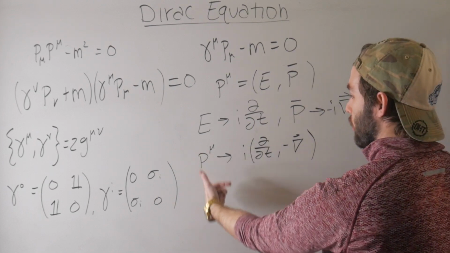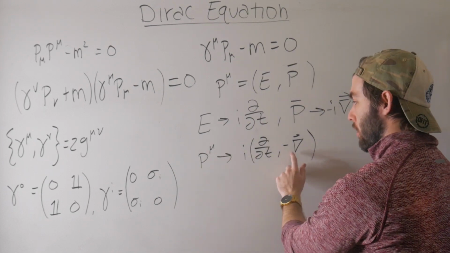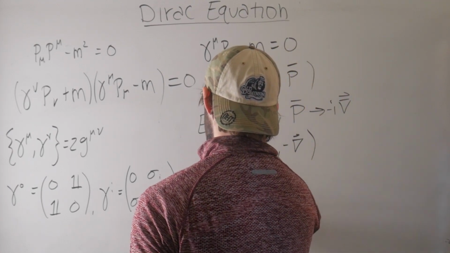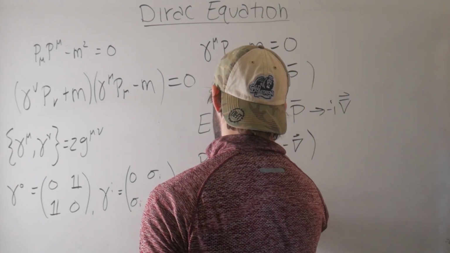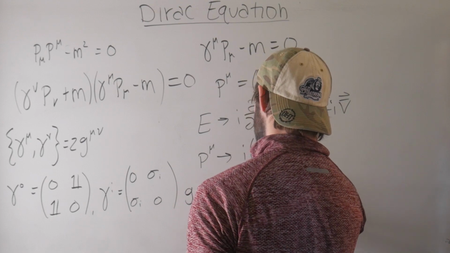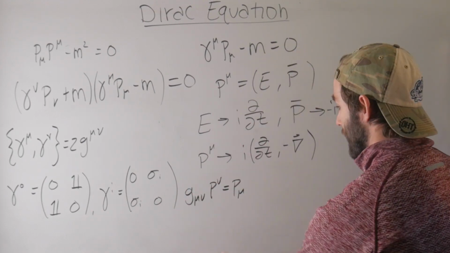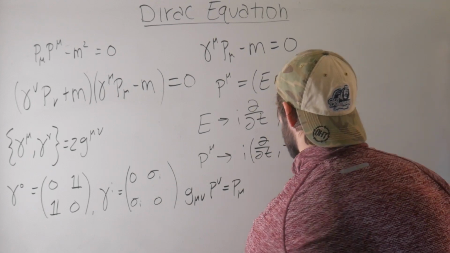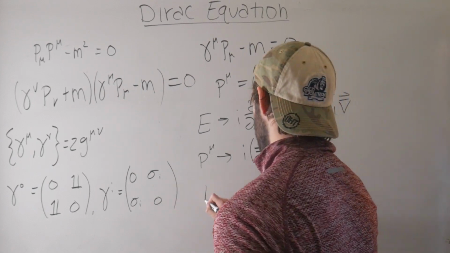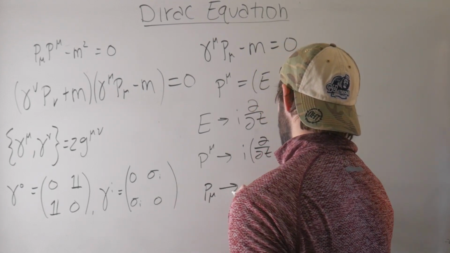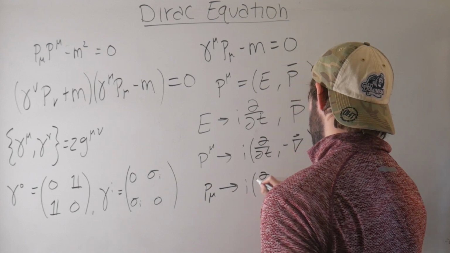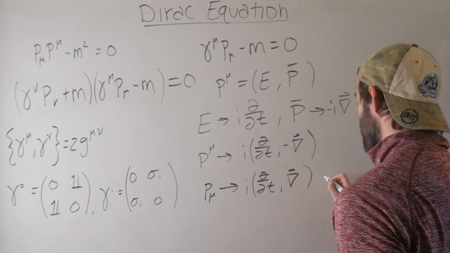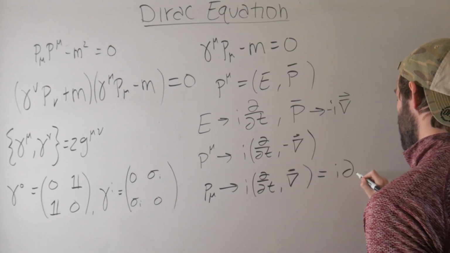Okay, and now if we lower it using the metric tensor, the spatial part gets a relative minus sign, because remember, g mu nu p nu is equal to p mu. And that spatial part of the metric is going to tack on another minus sign. So p mu goes to i d/dt times del, which we can just write as i d mu.